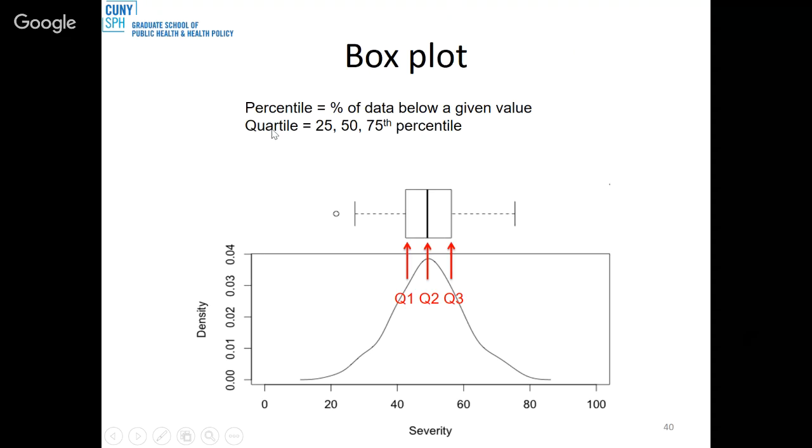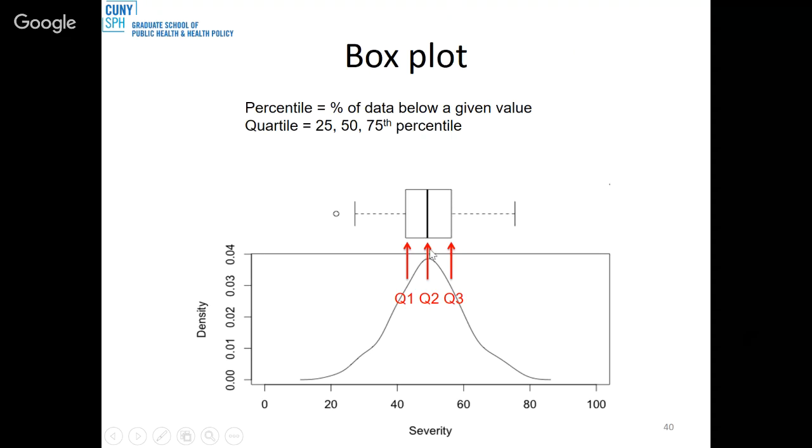The quartiles are three special percentiles. They're the 25th percentile, the 50th, and the 75th percentile. And these are shown in a box plot. The first quartile is the 25th percentile, the second quartile is the 50th percentile, and the third quartile is the 75th percentile.